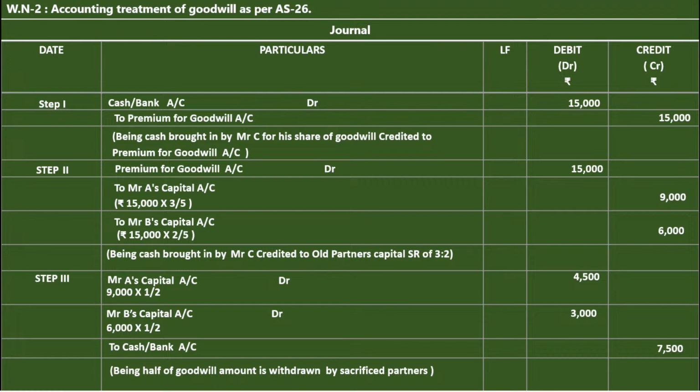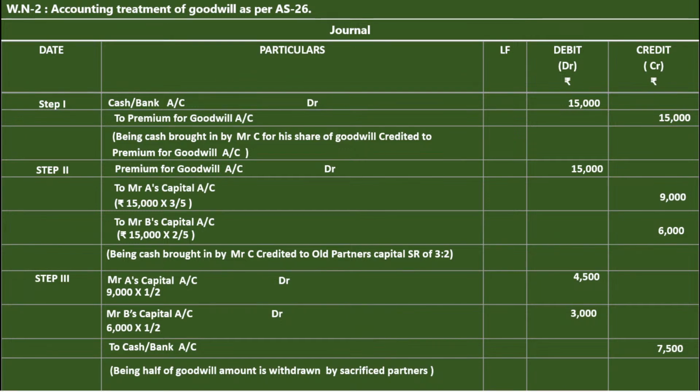Let us say when you are solving this question as per the American accounting system, cash account is an asset account, increase in the asset, debit. Suppose you deposited that amount into the bank, balance increased, asset, increase in the asset, debit. And premium for goodwill is an income to the partnership firm, so that is a revenue account, increase in the revenue, credit.